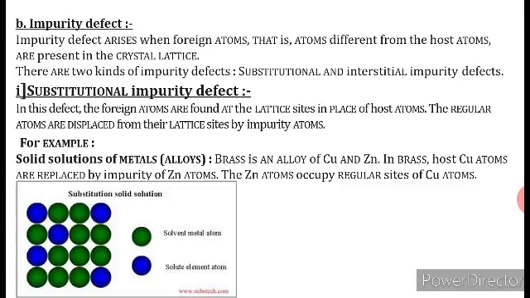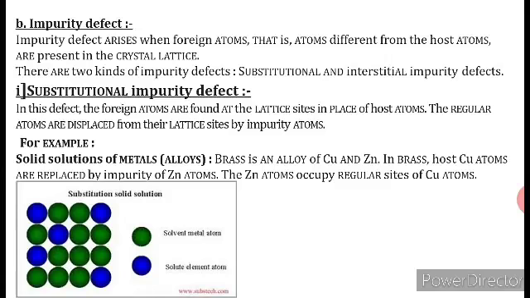Or you can take the example of bronze. The green bubbles are copper atoms and the blue bubbles are tin atoms. So it will be the solution of tin in copper, and then also you will get the bronze alloy, which is a substitutional solid, an example of substitutional impurity defect.